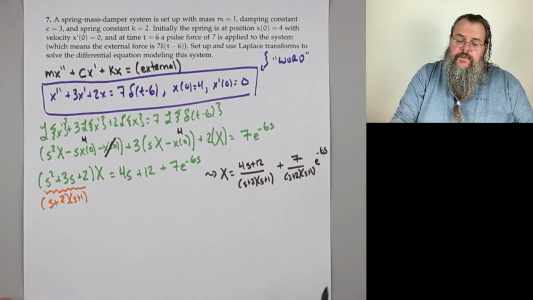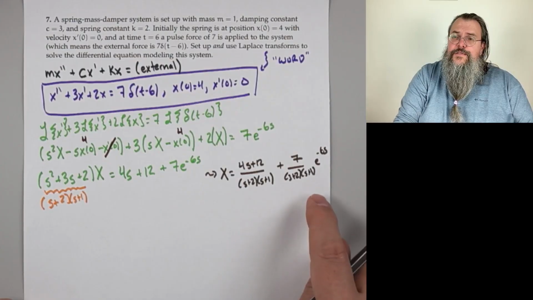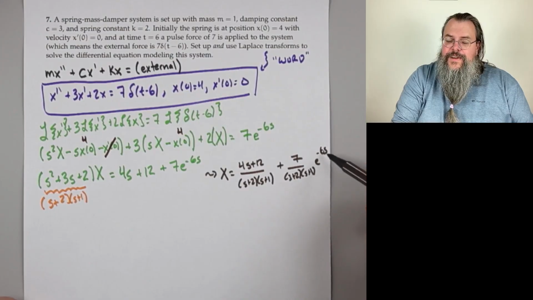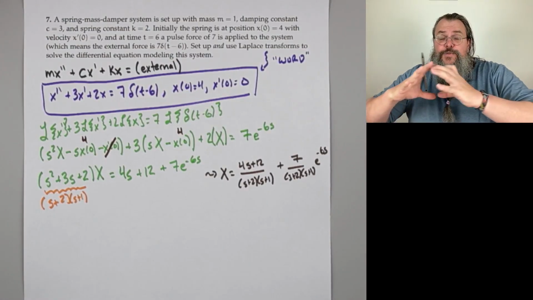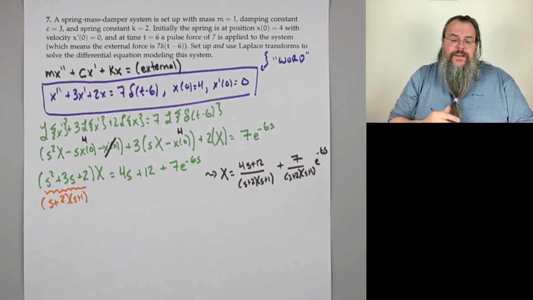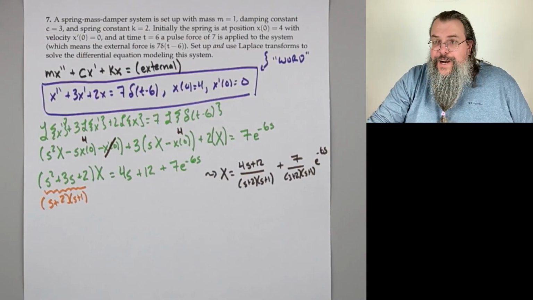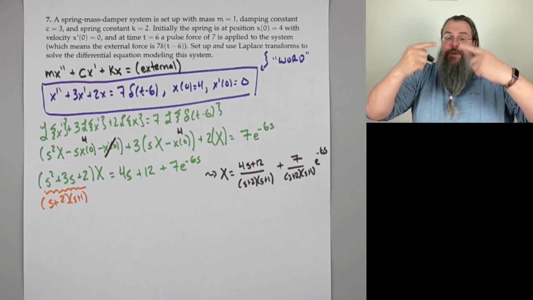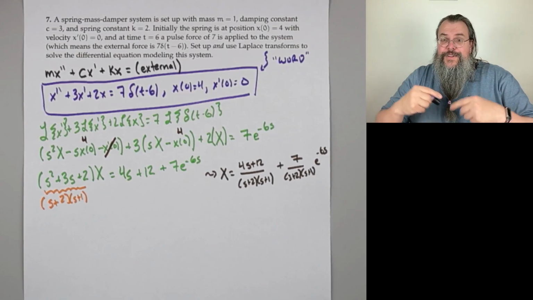You might ask, why did you separate these two? And the answer is, I separated because of that e to the minus 6s. So we're heading towards partial fractions. Partial fractions do not mix with exponentials. Partial fractions only work polynomial over polynomial.